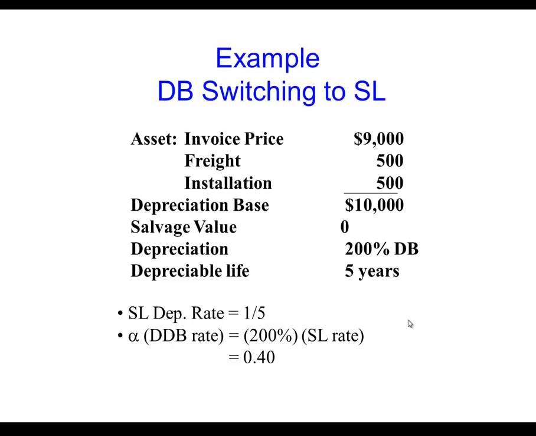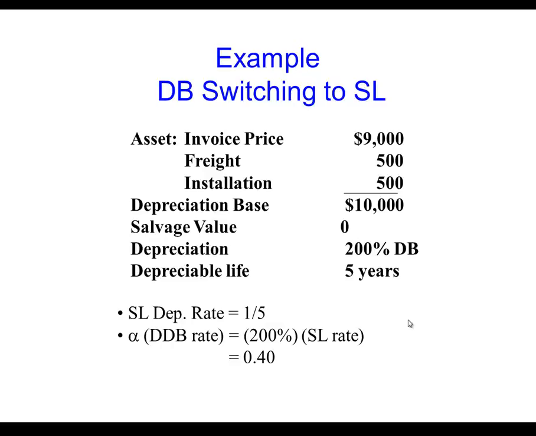We can find a relation between the declining balance and the straight line and switch between the two, as shown in this example. If you look at that, you will see that the depreciation rate, which is 1 over 5, that's 1 over n.